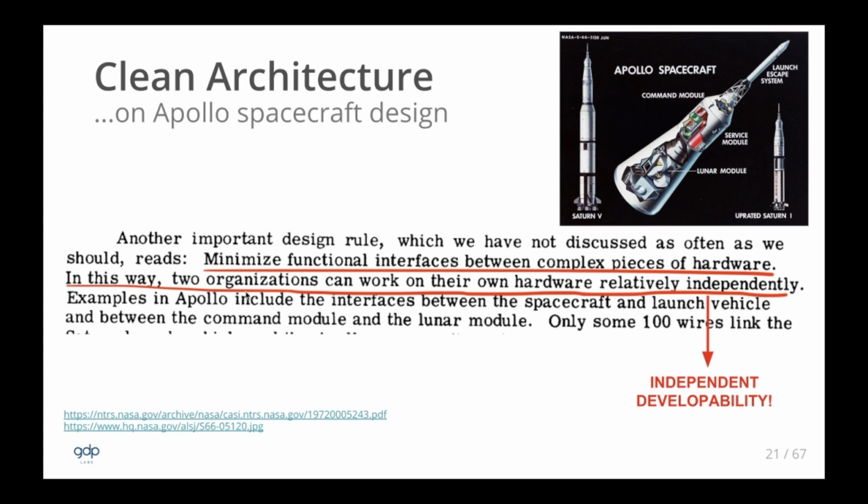In this way, 2 organizations can work on their own hardware relatively independently. And that is independent developability. It's been there since the 1960s. Can you imagine? If the dependency inversion principle can be applied to hardware, there's no reason we cannot apply it to any programming language.